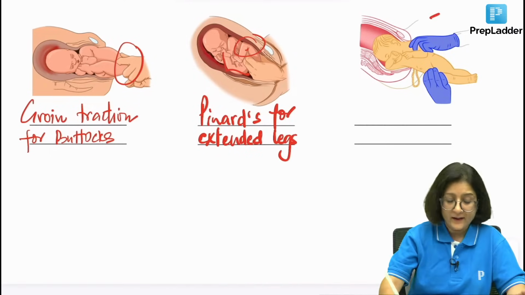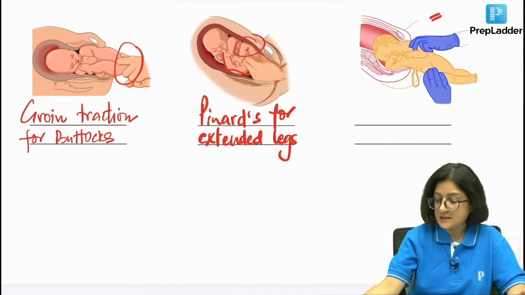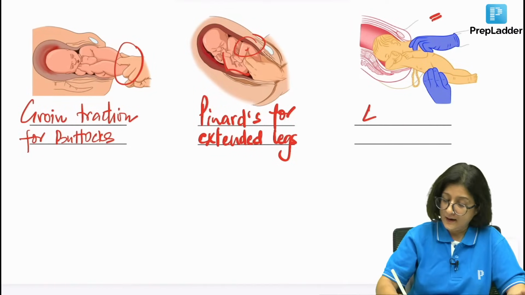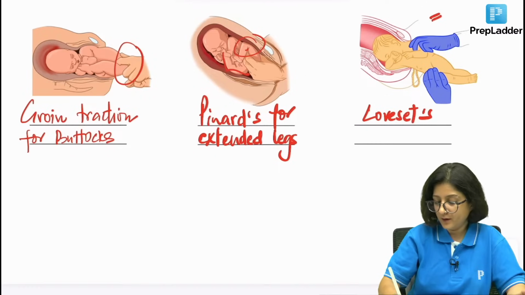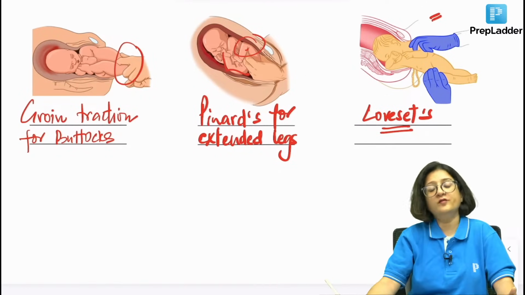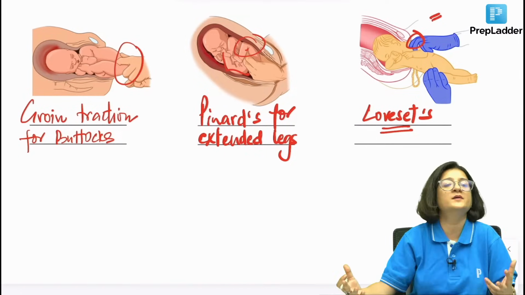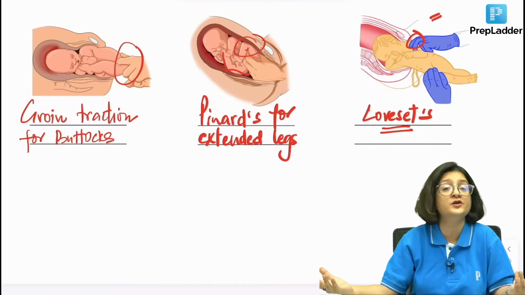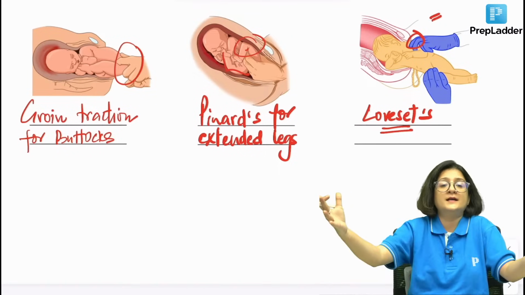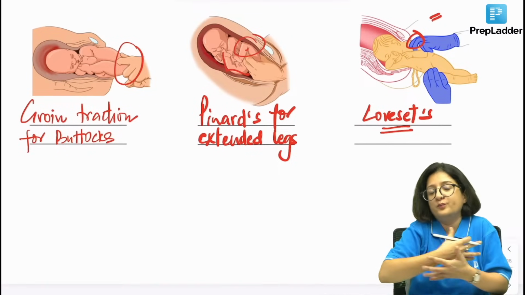Okay, now here the image is showing you the Lovset's maneuver, rightly said, Lovset's maneuver. As you can see, the shoulders are being delivered, the arms are being delivered. That's what the image is telling you. Supposing there was no image, when you are in love, you want to hug somebody, and then you put your arms like this.